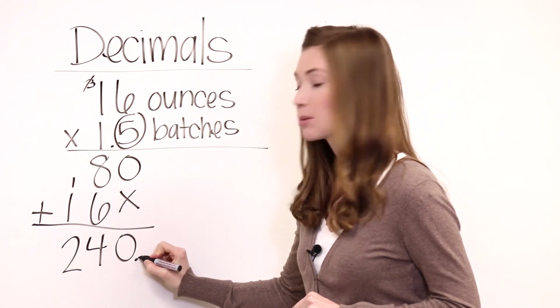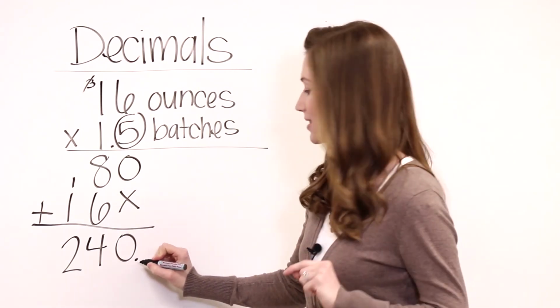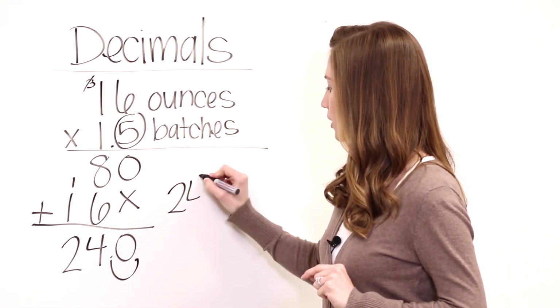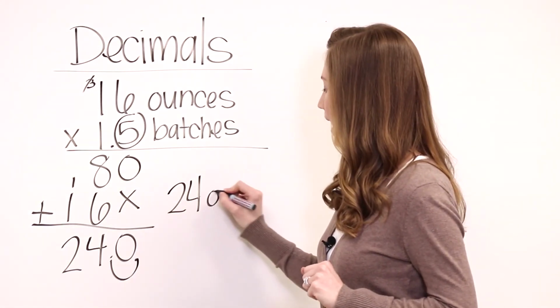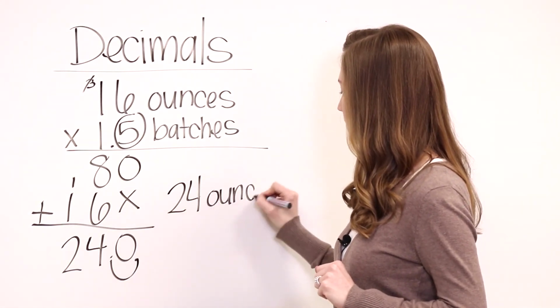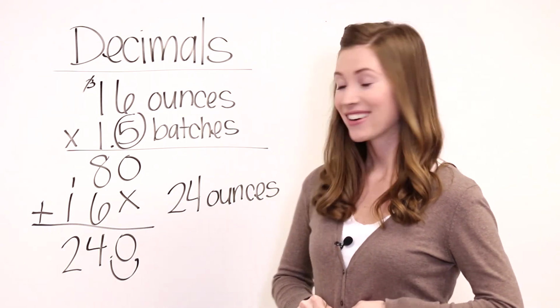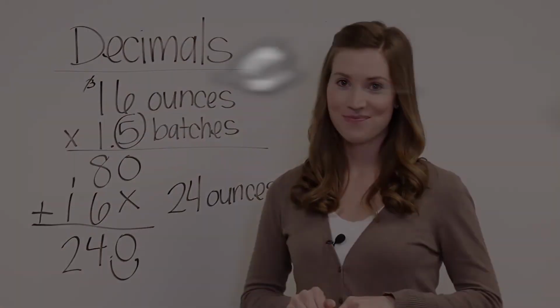So we'll put our decimal point where it currently resides, and we'll move it to the left just once. We'll rewrite our final product, and in this case, it's ounces because we're talking about ounces of chocolate chips. Let's read our final product together. 24 ounces. Great job.